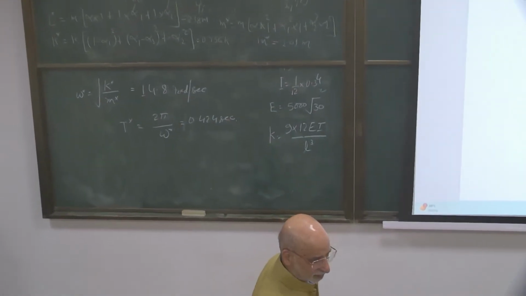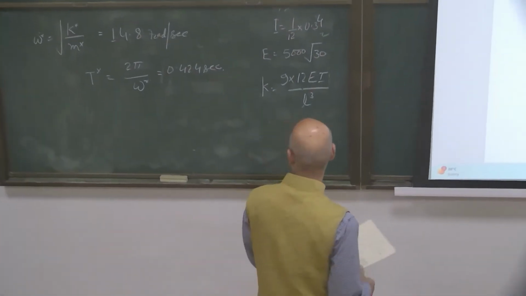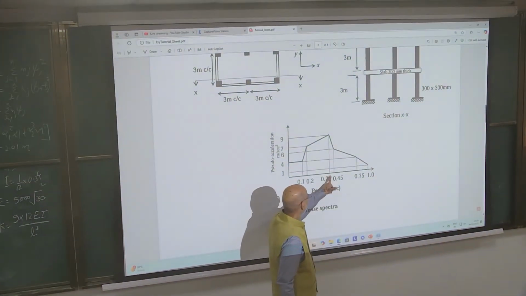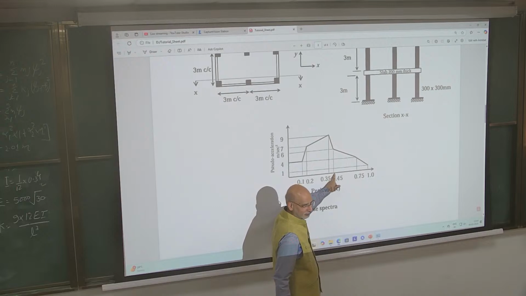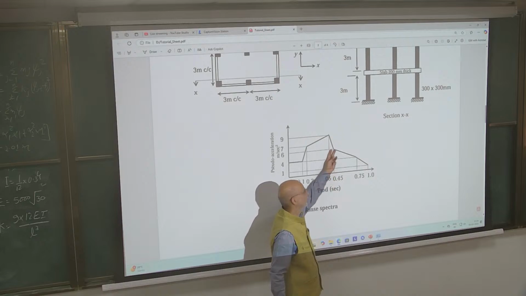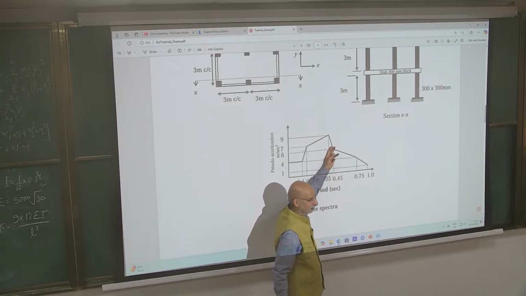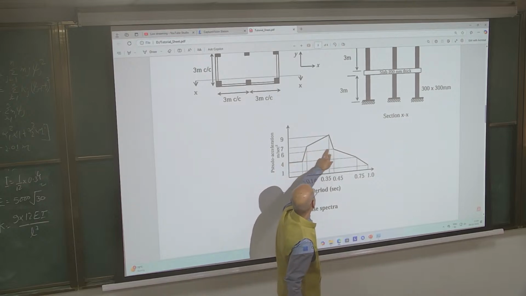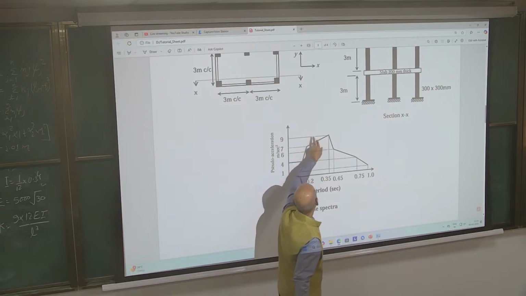Now you come here. So now 0.424, you are somewhere here, in between 0.35 and 0.45. So now you go and do an interpolation at these 2 points. You are at 0.424. So this is a linear variation, I made it like this. This is 6, these are the pseudo oscillations, and then you have 9.